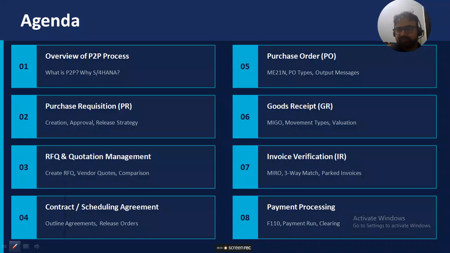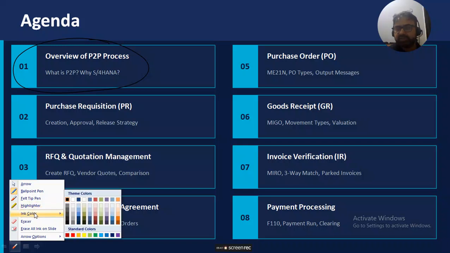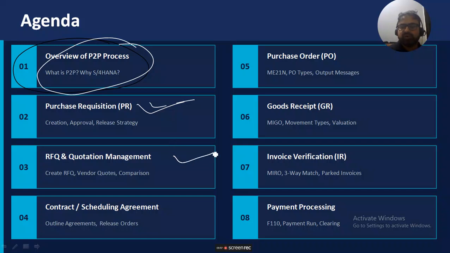We will discuss the entire P2P process: how to create the purchase requisition, what is RFQ, what is contract, and what is purchase order, goods receipt, invoice verification, and the payment process. So these are the P2P processes.